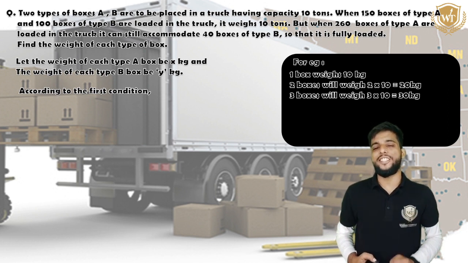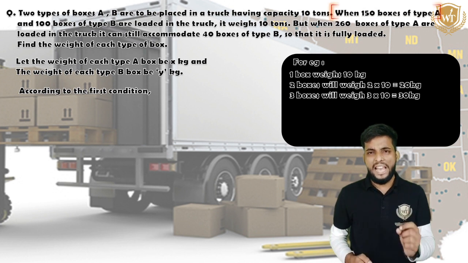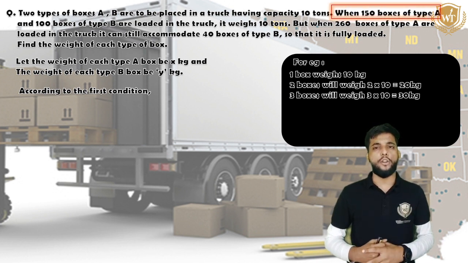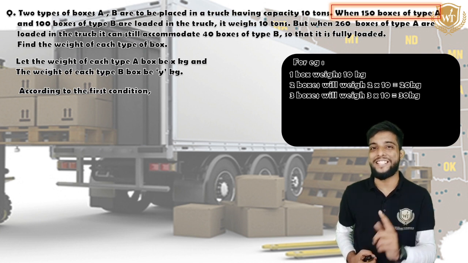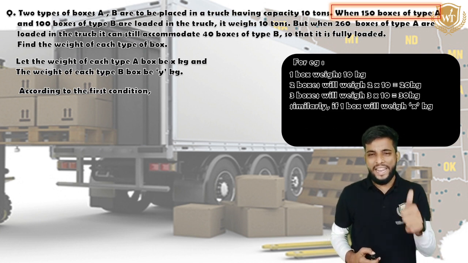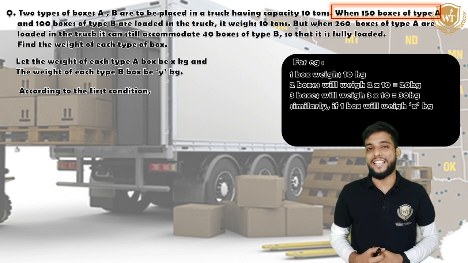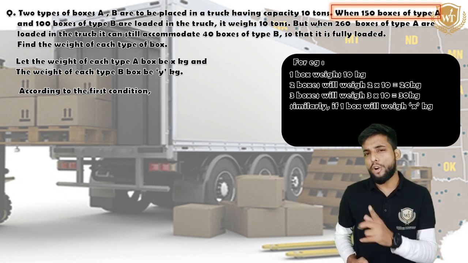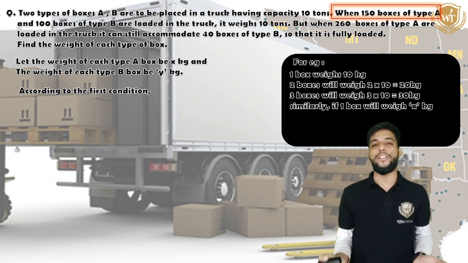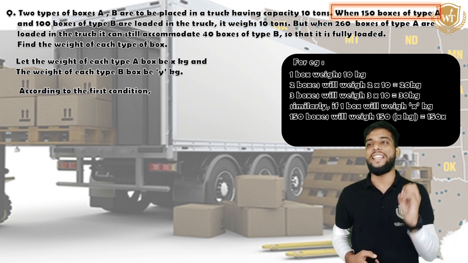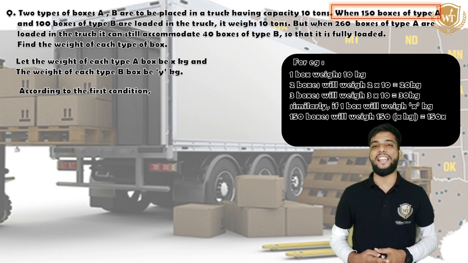Now let us consider this example in our question. We have 150 boxes of type A. Each box weighs x kg. हमने assume किया है, right? तो एक box का weight is x kg, sorry. तो 150 boxes का weight कितना हो जाएगा? Number of boxes into weight of each box, मतलब 150 into x, which is 150x kg.